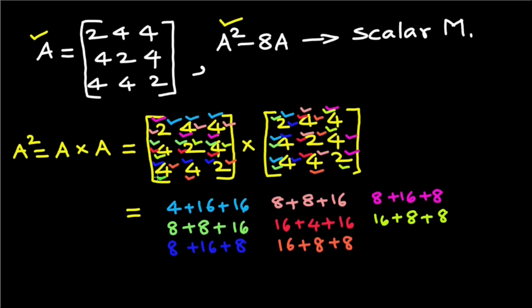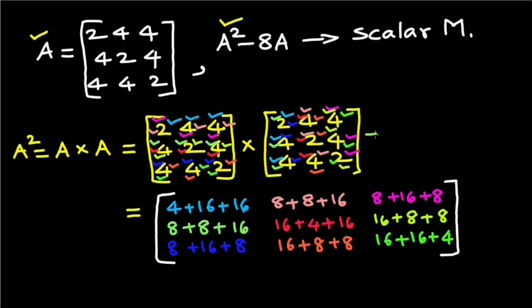Now 4 multiplied by 4 is 16 plus 4 multiplied by 4 is 16, and 2 multiplied by 2 plus 4. So that gives us the third row of this resulting matrix.